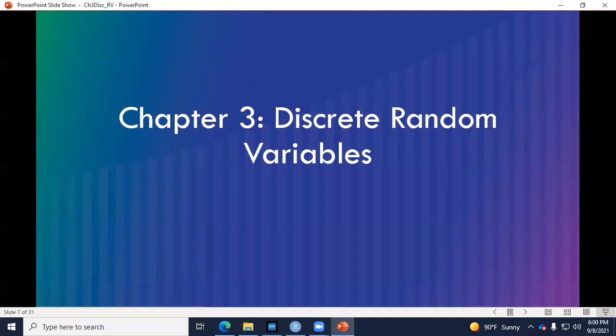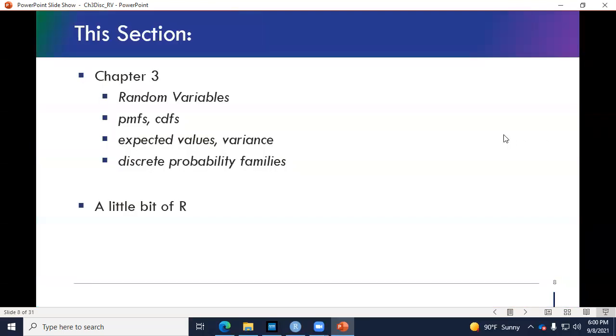Okay, so in this section, in chapter 3, we're going to cover what random variables are and what PMF and CDF are. Those will make sense in a second. I'll talk about what expected values and variances are, and we will talk about some of the discrete probability families.